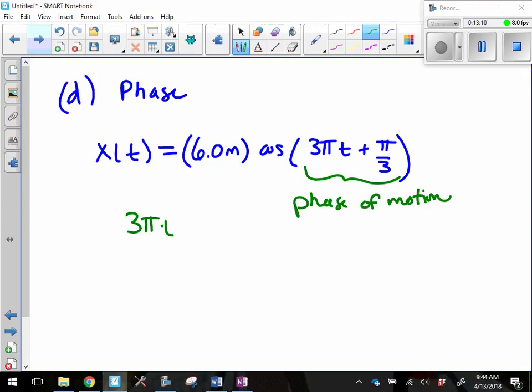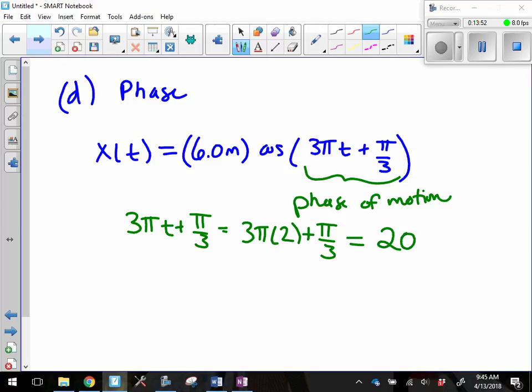So 3 pi t plus pi over 3, and I'm going to substitute in t equals 2, right? Gives me what? So 20 what?